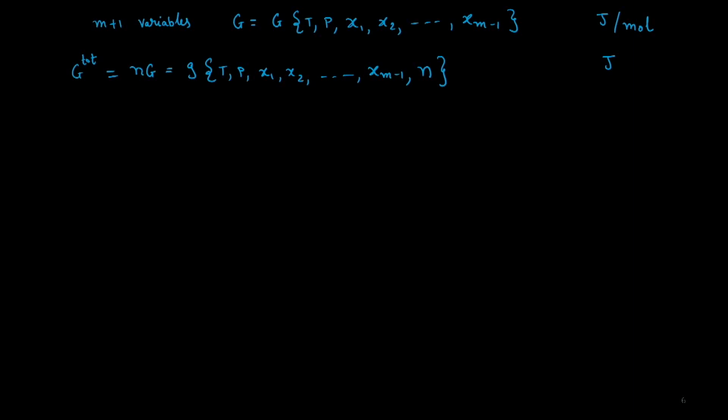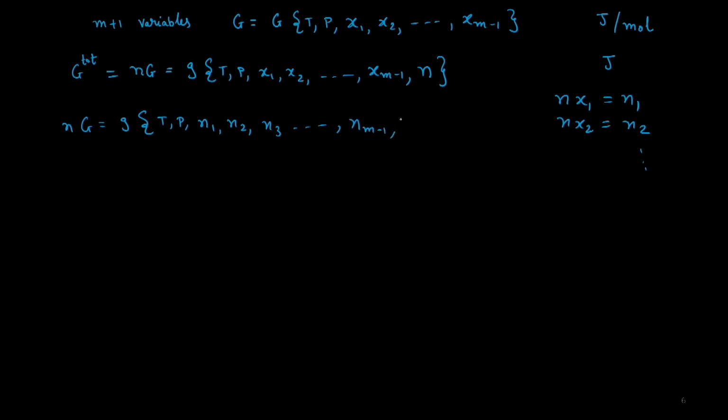Or equivalently, once I have N and x1, N times x1 is obviously the number of moles for 1, N times x2 is obviously the number of moles for 2, and so on. This functionality can be equivalently expressed as a function of T, P, N1, N2, N3, so on, N(m minus 1).